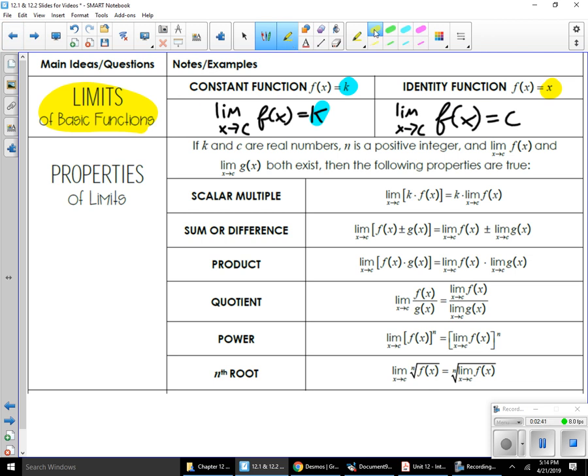Most of these properties are things that we expect. The limit of a sum or a difference is just the sum or difference of the limits. In other words, you can break a limit up over addition or subtraction. It kind of looks like the distributive property. It's not the distributive property, but I wouldn't fault you for calling it that.